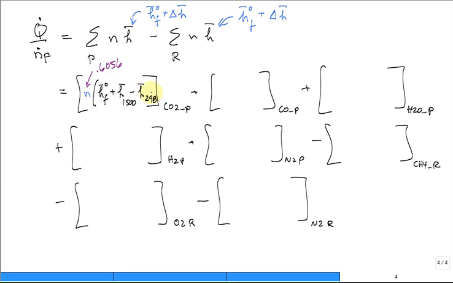minus the molar enthalpy at 298. That's great. There's a couple other ways to do this. If you want a delta H bar, you can do C sub P bar times T exit, or T out, minus the reference temperature of 298. Everybody didn't have trouble except for H2 in the products.